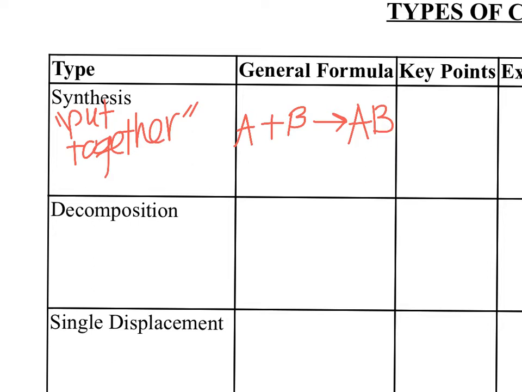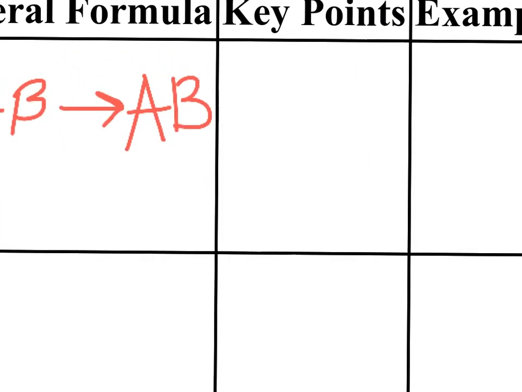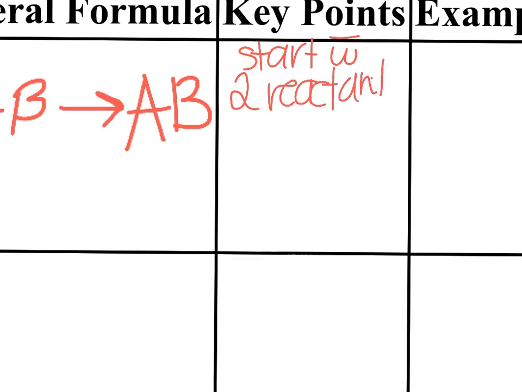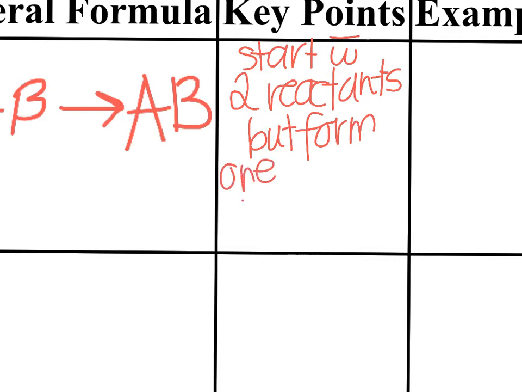Key points: we start with two reactants but form one product.